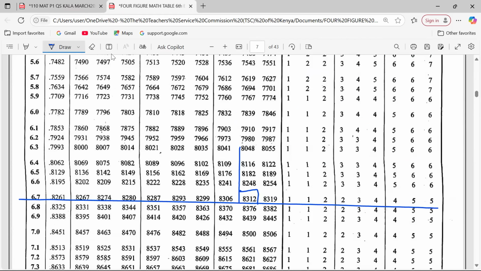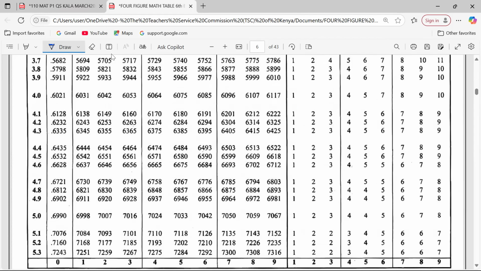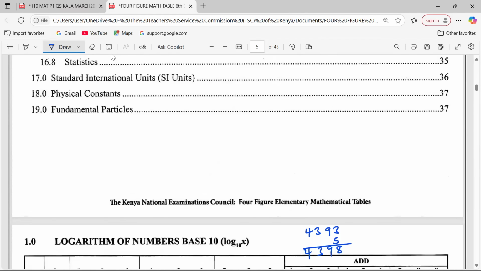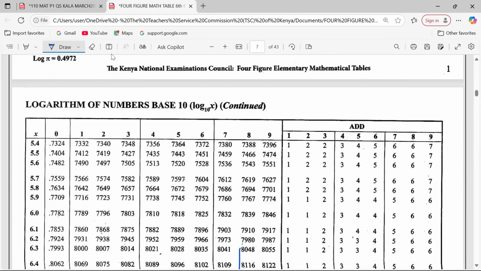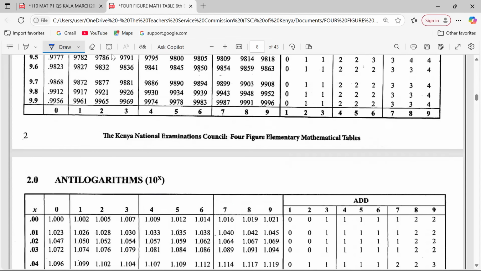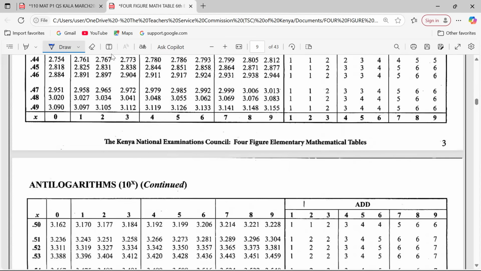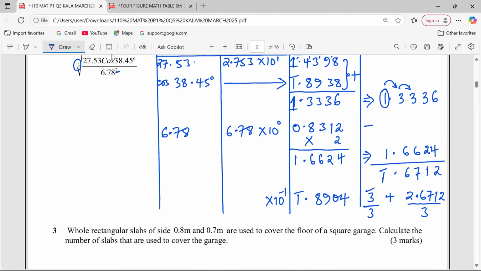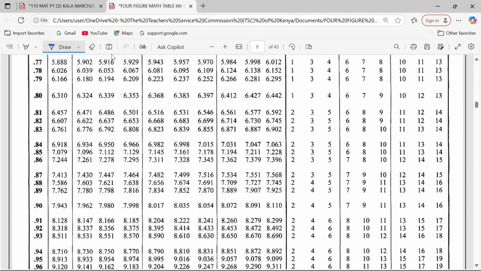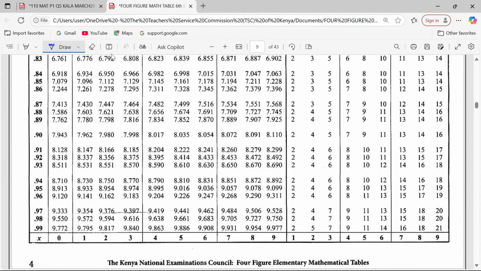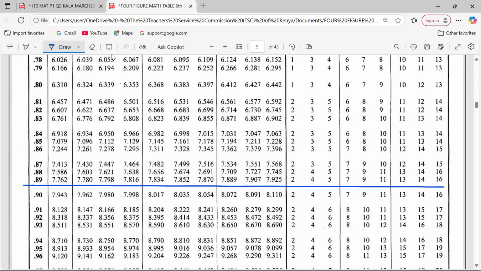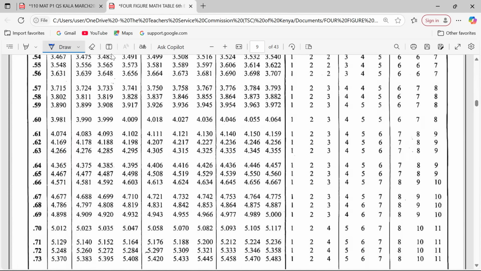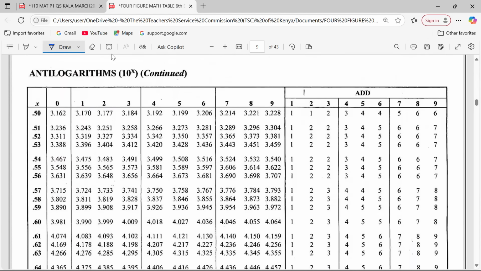Anti-logarithm. So we go to the tables of antilogs. The tables of anti-logarithms. Just after logarithms, we talk about anti-log. 8904. The anti-log of 8904: 890, then 4.